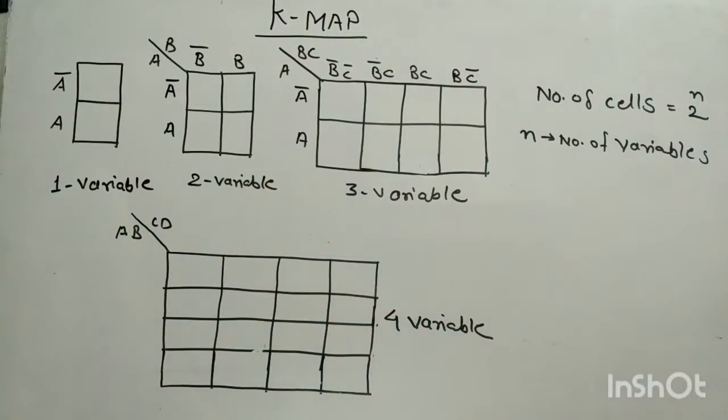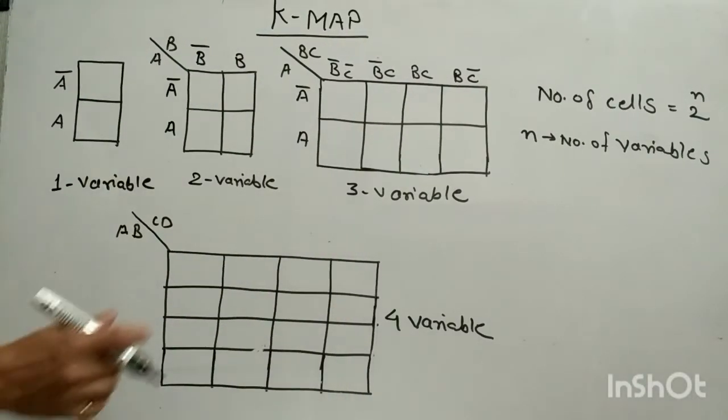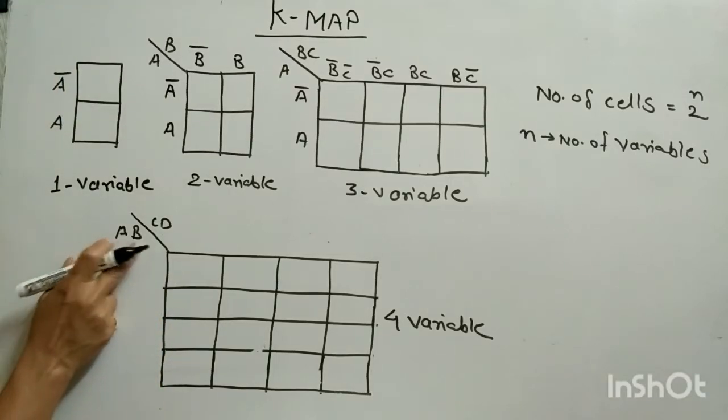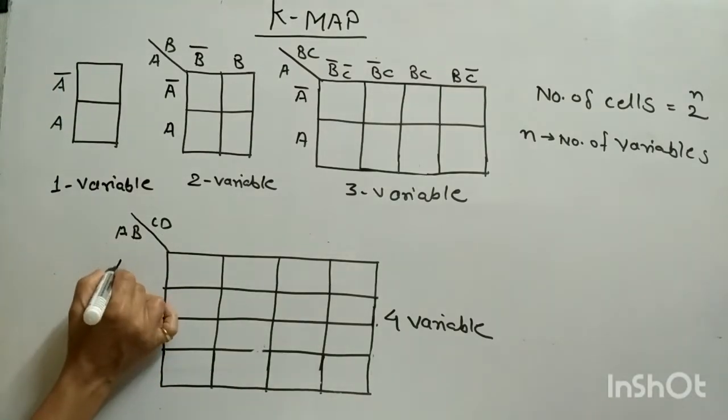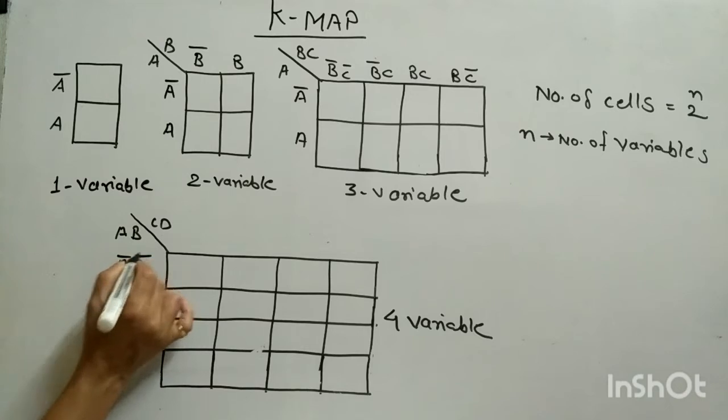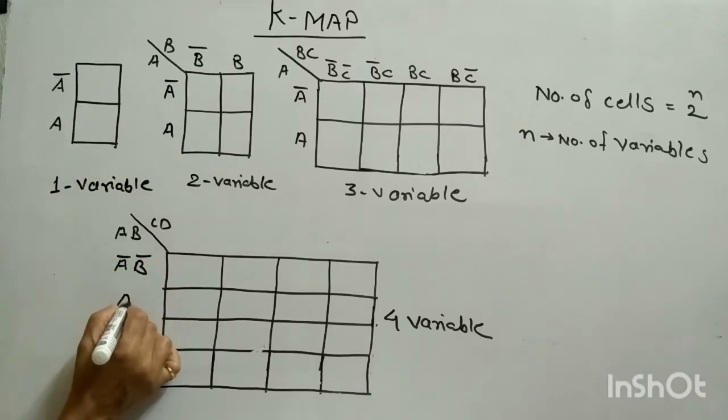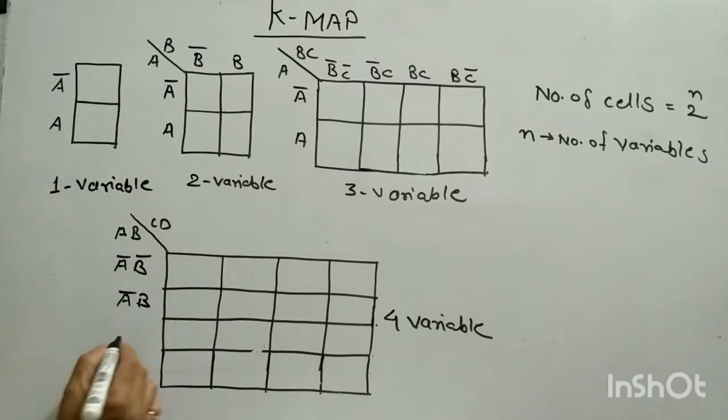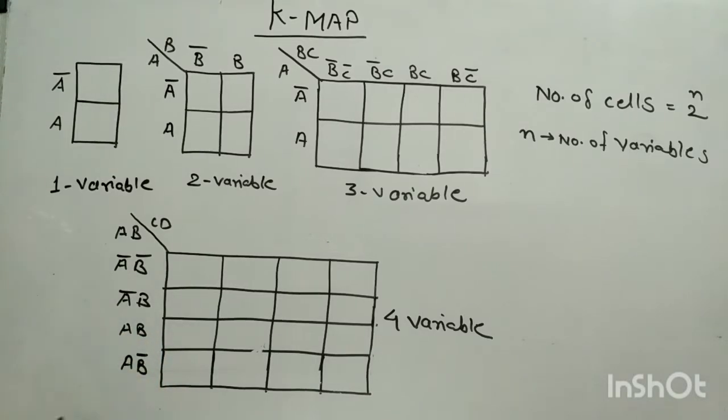Next, for 4 variables, there are two variables A and B for the rows: A bar B bar, then A bar B, then AB and AB bar.